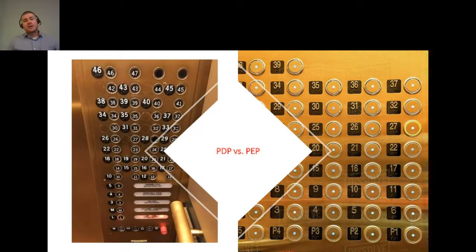Yes, there's an image. Yes, there's a description. Yes, there's an add to cart. There's a price. There's reviews. There's upsells. There's cross sells. There's all of that there, but is it aligned in a way that's intuitive? On the right here, you'll see what a product experience page should do. It's progressional. You know exactly how to find your floor. It goes left to right. If you want to go to the parking floors, they're listed as P1, P2, P3.